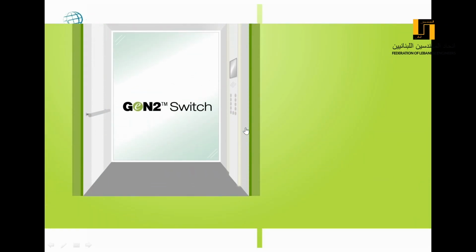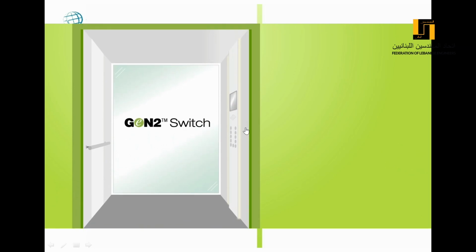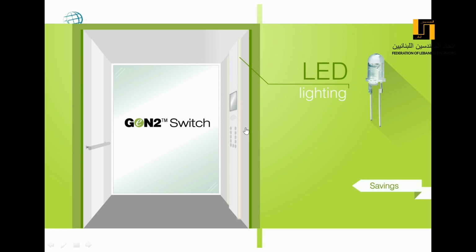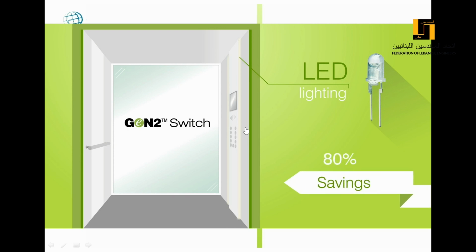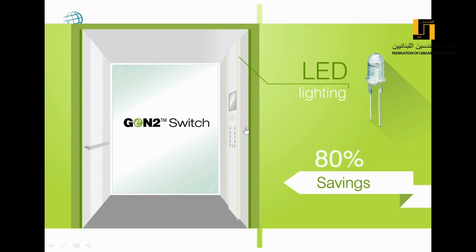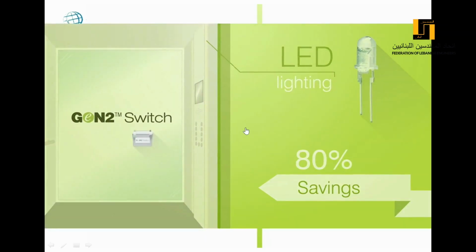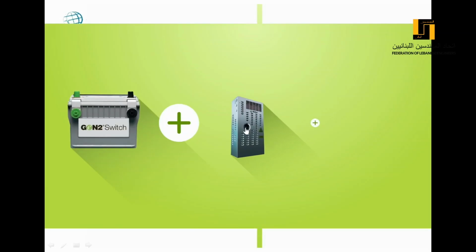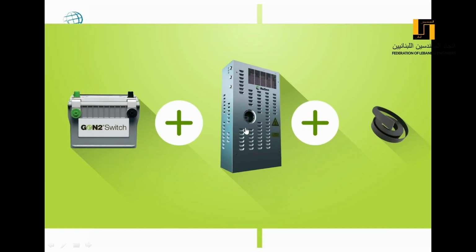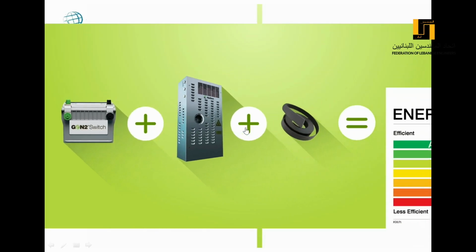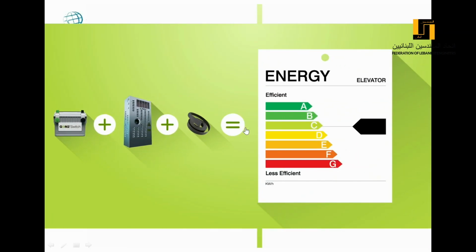And lastly, Otis has not forgotten a single detail. All Gen 2 switch machines have LED lighting, combined with advanced standby features, reducing energy consumption up to 80% compared with fluorescent tubes. The use of battery power and a regenerative drive system, combined with the Gen 2 technology, results in savings of annual energy consumption compared to conventional elevators.